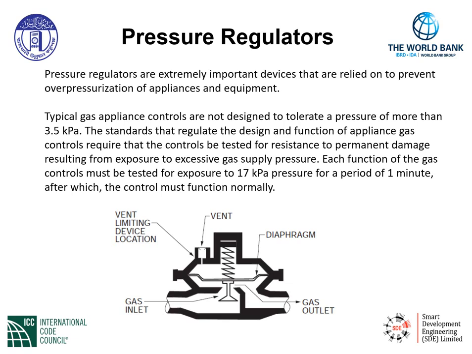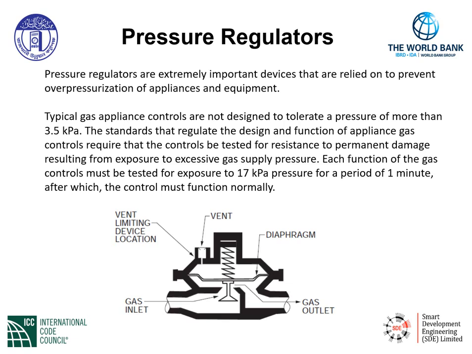The standards that regulate the design and function of appliance gas controls require that the controls be tested for resistance to permanent damage resulting from exposure to excessive gas supply pressure. So that's something we need to think about when we specify these regulators. We want to specify good regulators that meet standards.